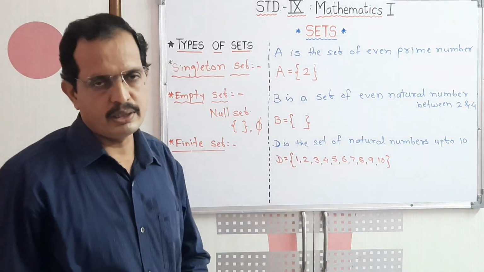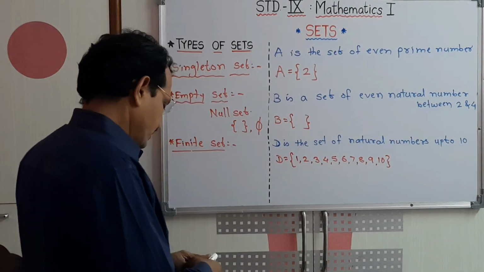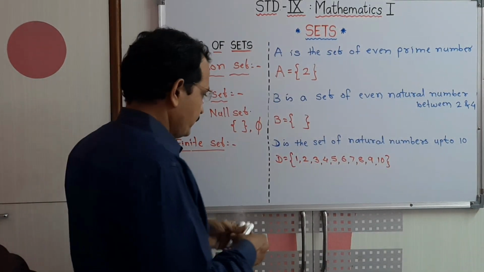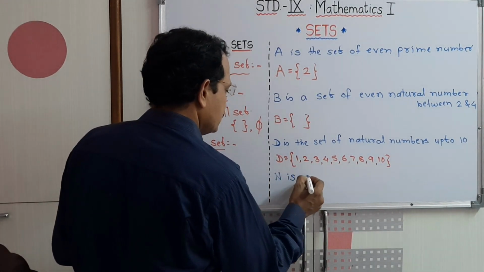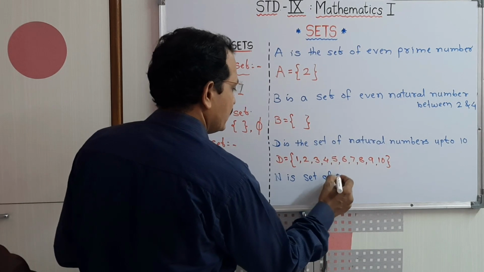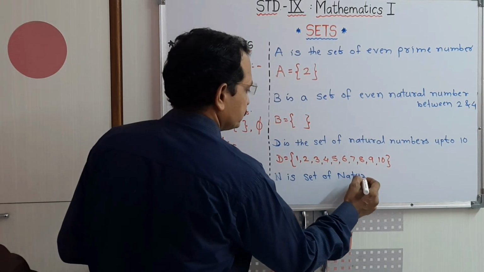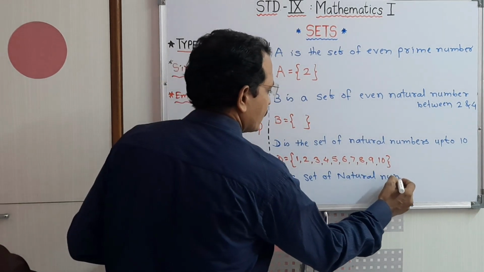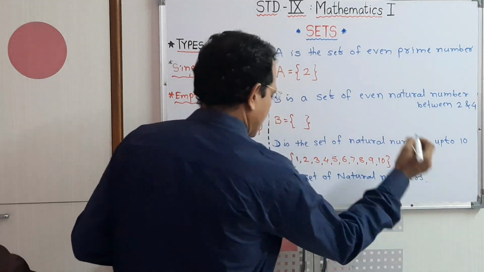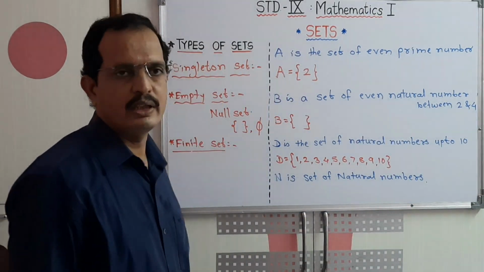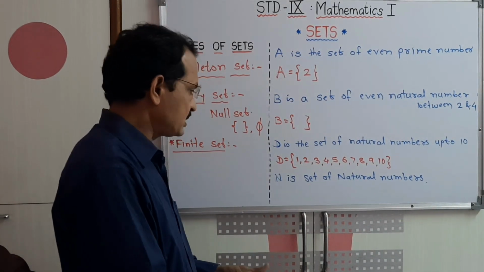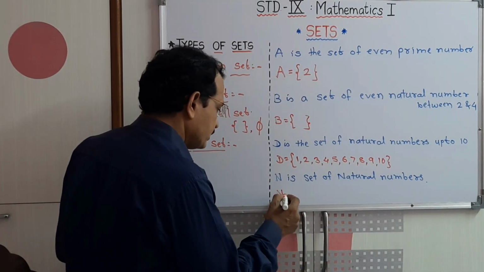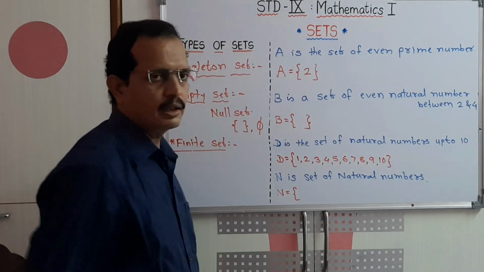We can see many examples. Now see, suppose I write here N. N is the set of natural numbers. Now all of you know the natural numbers. Suppose I write N in a curly bracket.